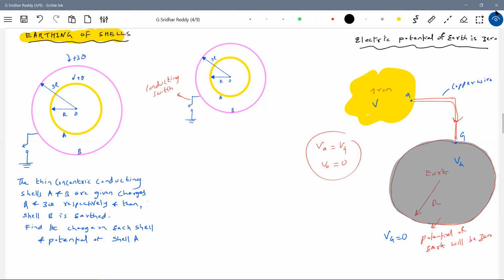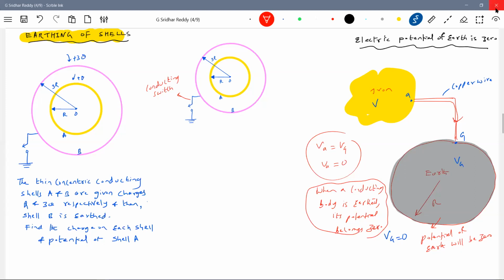When a conducting body is earthed, its potential becomes 0.